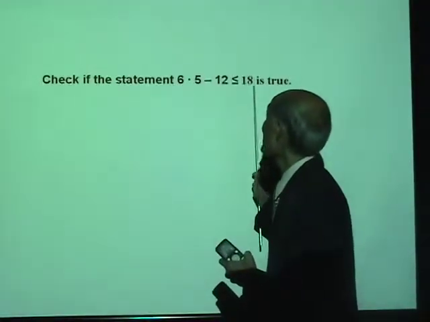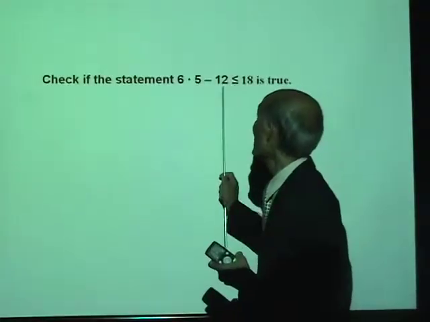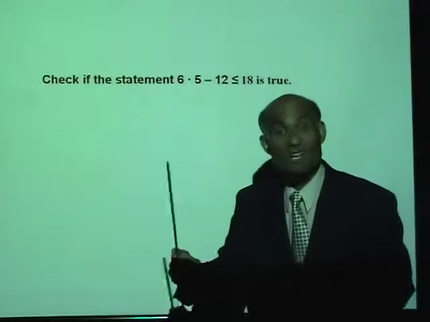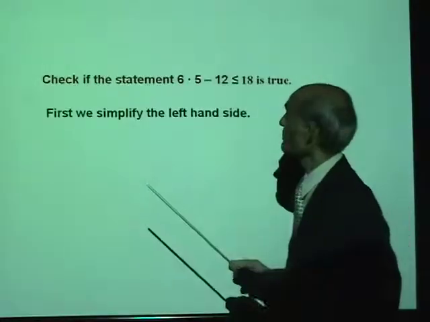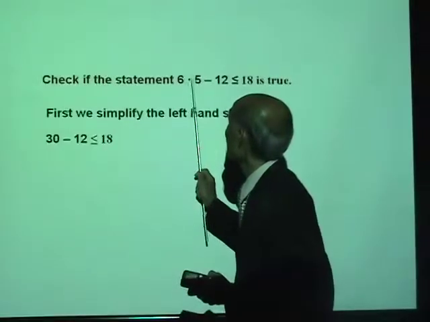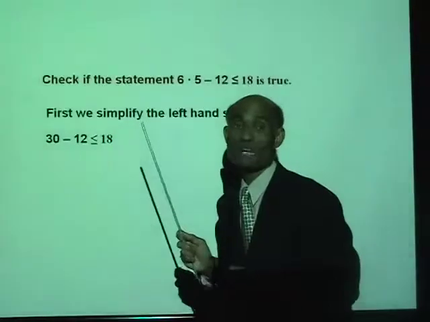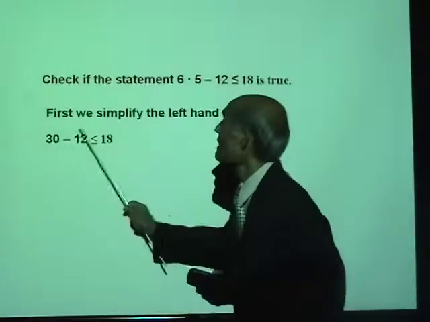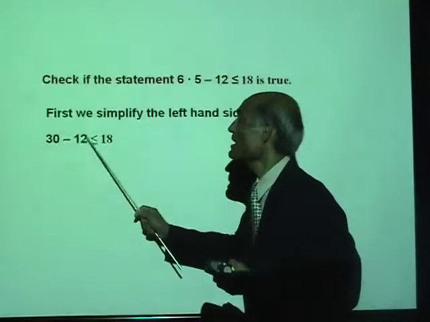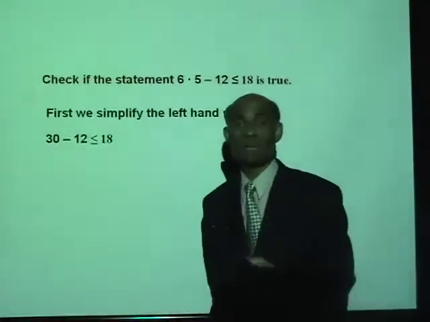The right-hand side is a simplified number. Now, 6 times 5 involves a multiplication, so do that multiplication first. 6 times 5 is 30 minus 12.